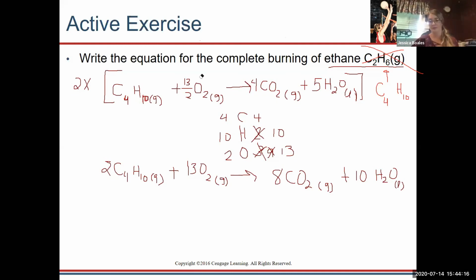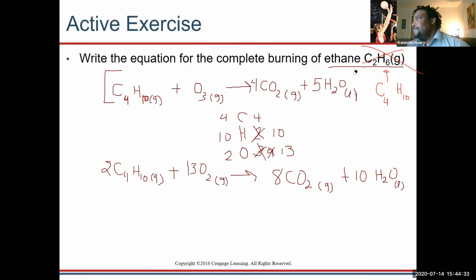Or ozone, sorry, ozone. Ozone is O3. So it's going to be a pretty hot reaction. So what are we going to do in this case?